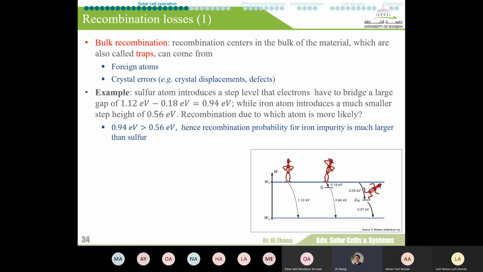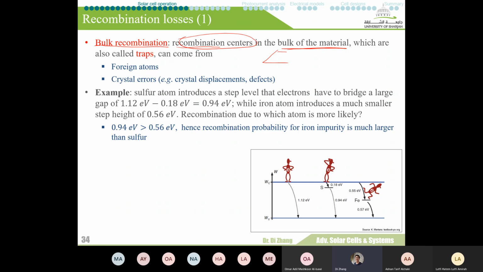Okay, so first of all, we have the so-called bulk recombination. This typically means that this kind of recombination happens in the bulk of the material, inside the material. And inside the material, we may have so-called recombination centers.